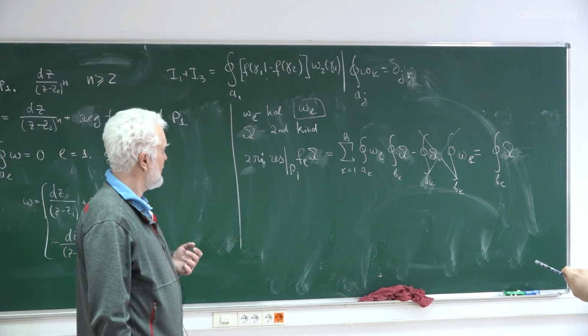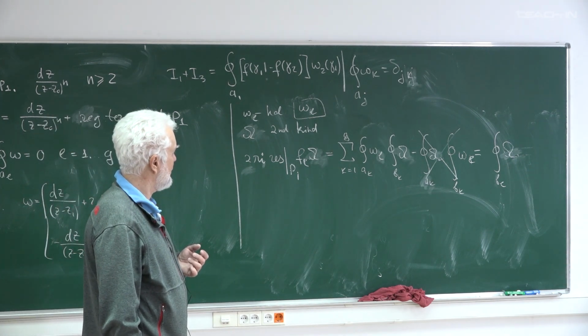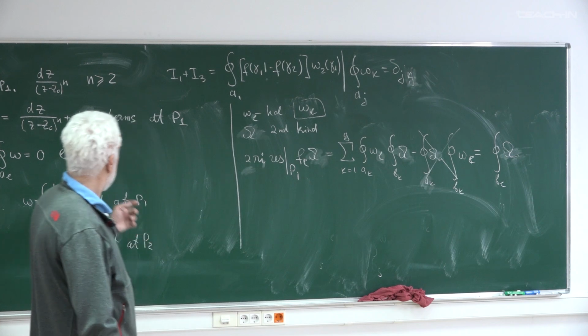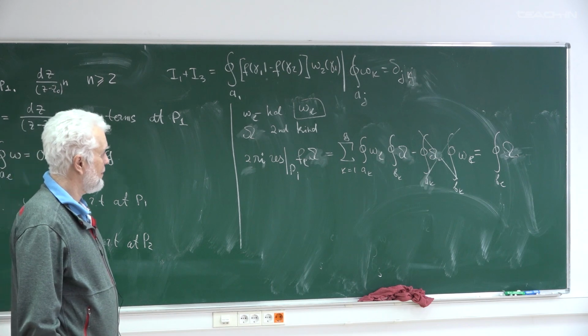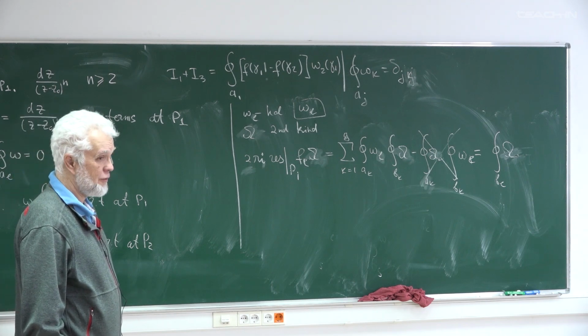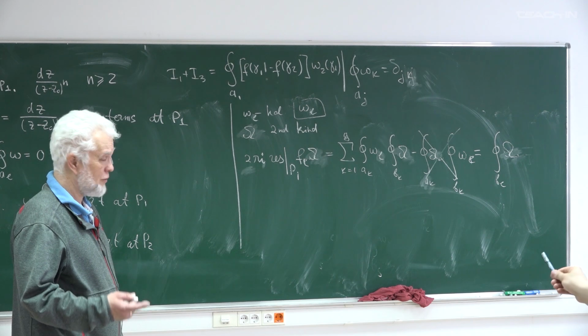Integrals of omega over A_k equal 0. By definition, omega is the differential of the second kind. By definition, we consider basic differential terms.